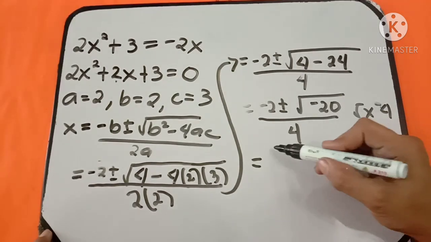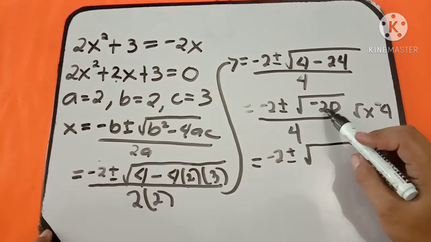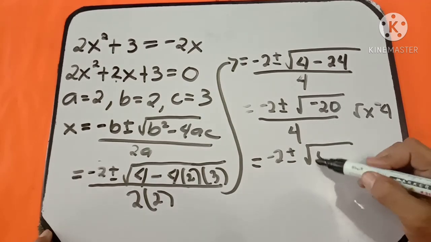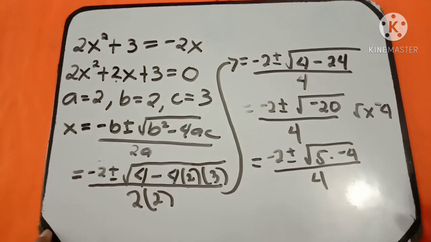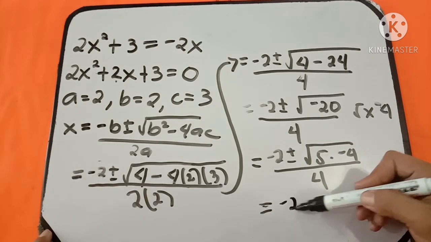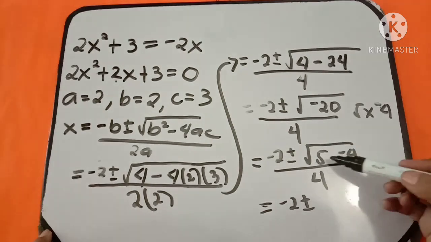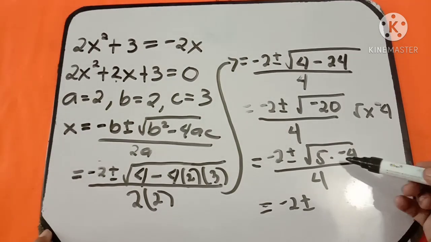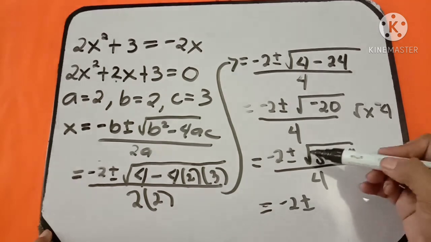So this means, copy, we have here negative 2, positive negative. We simply factor this one, so that is 5 times negative 4 over 4. Then, also copy again negative 2, positive negative. Then, from these two factors, one of these factors is a perfect square, that is 4, am I right? Then we can extract this from the radical.